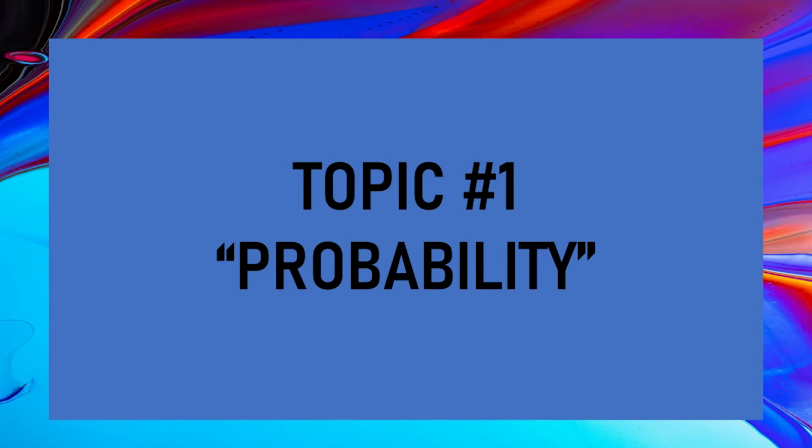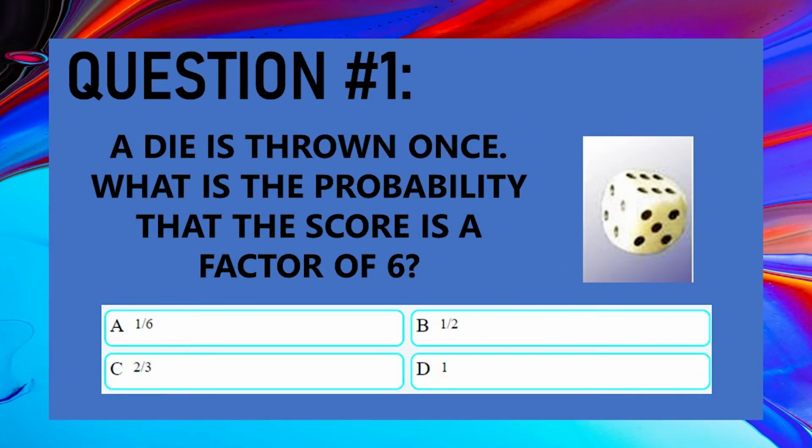Topic 1. Probability. Question number 1. A die is shown once. What is the probability that the score is a factor of 6? Letter A, 1/6. Letter B, 1/2. Letter C, 2/3.